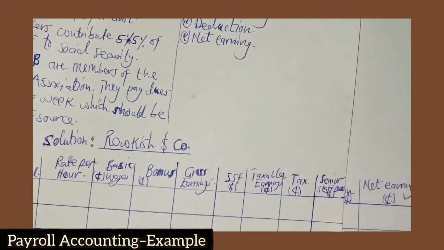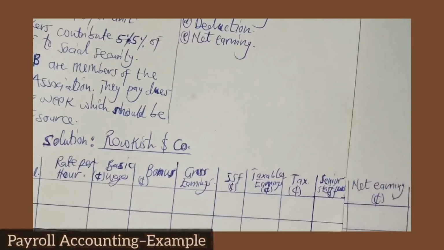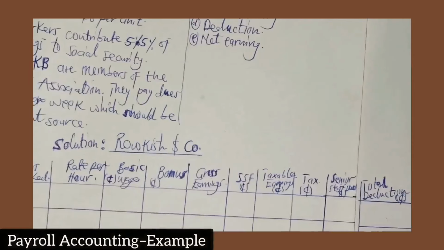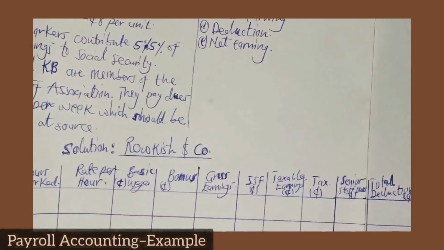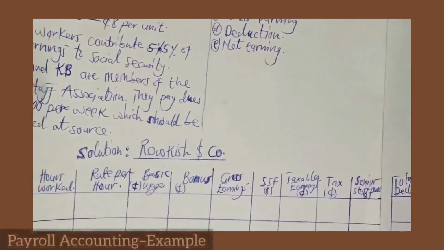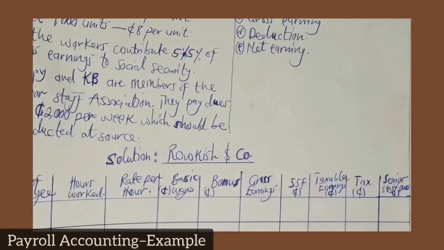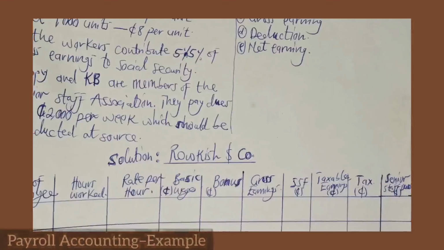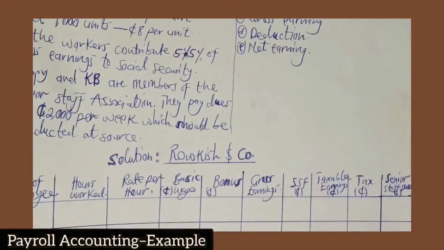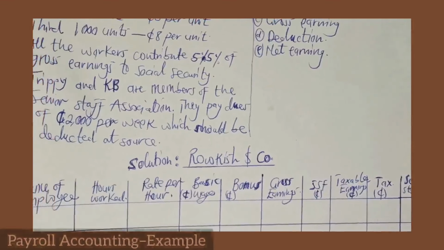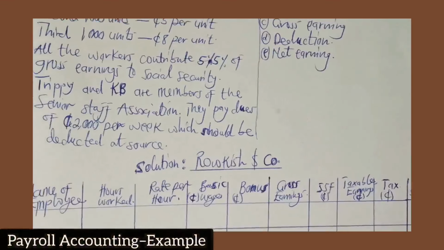So we are going to use this to fill in, based on the question, so that we can easily calculate. Anytime you're given a requirement, look at the requirements and also know the items that go into the requirement. Make sure it's all captured on your payroll sheet. This is what we call your payroll sheet, or the payroll voucher, or the wages sheet.